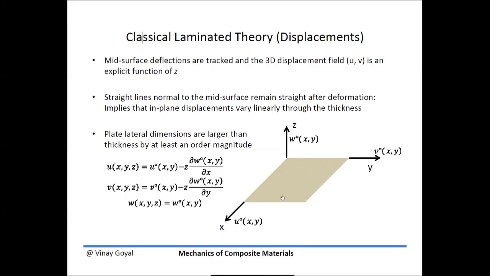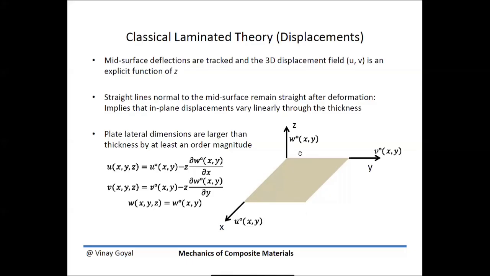And so classical laminated plate theory was initiated by a gentleman whose name was Kirchhoff. So we also call this theory Kirchhoff plate theory. And the idea is that when a plate undergoes deformation, the normal to the mid surface will remain perpendicular to this mid surface.